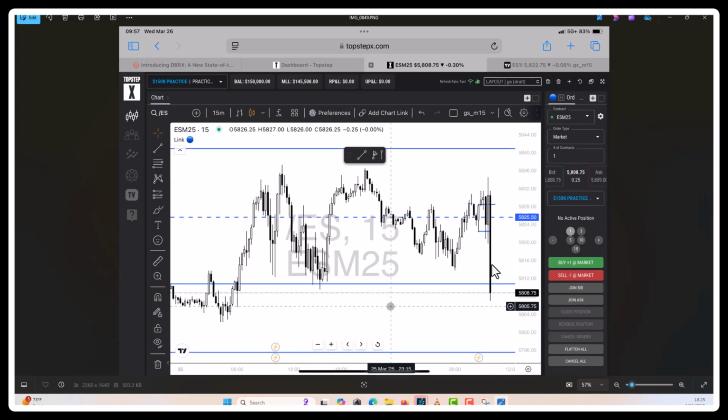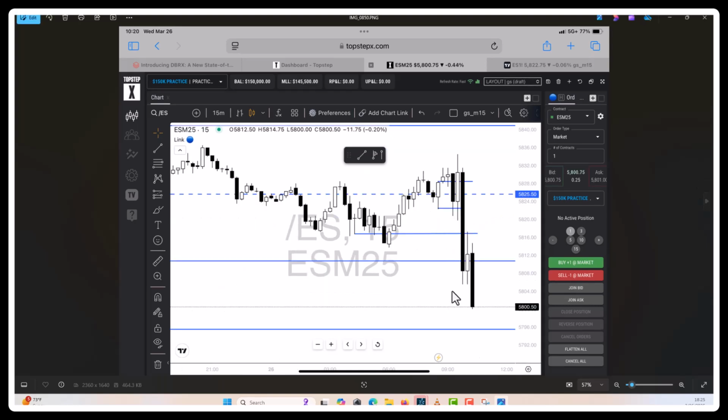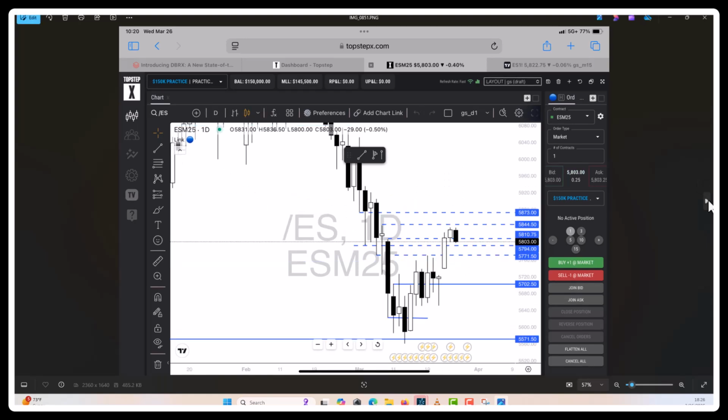You see that huge move from just the last 3 minutes, it flushed down. Then boom, it made a second leg down. And looking at the daily, we see it's going to come down mainly to this level at 58.03.